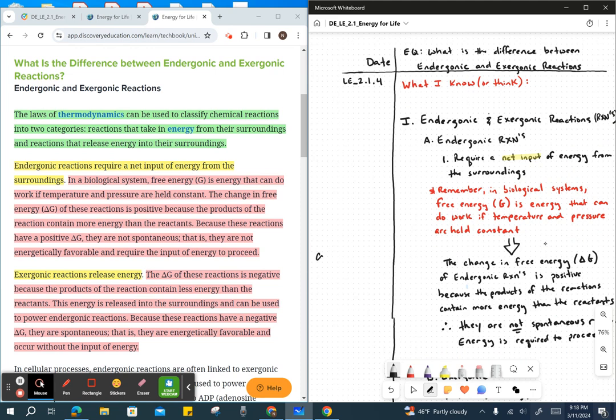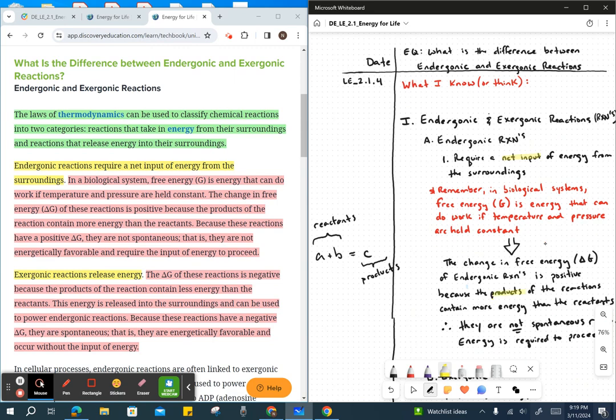If you have A plus B equals C, and we said that was your chemical reaction, everything on the left here we refer to as your reactants, and everything on the right is referred to as your products, which in this case is just the letter C. So in an endergonic reaction, we're seeing that the products contain more energy than the reactants.